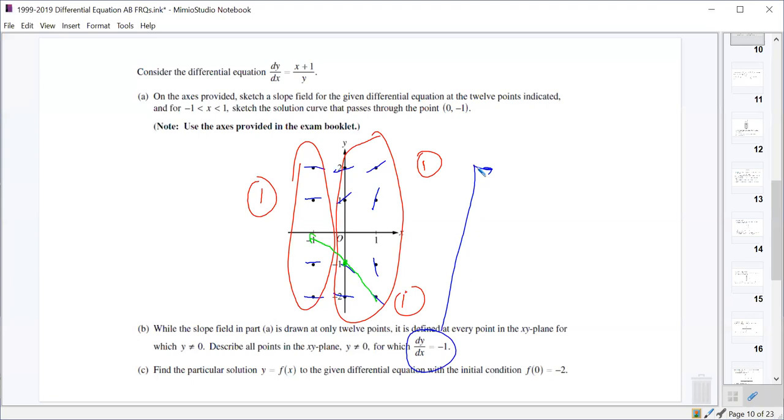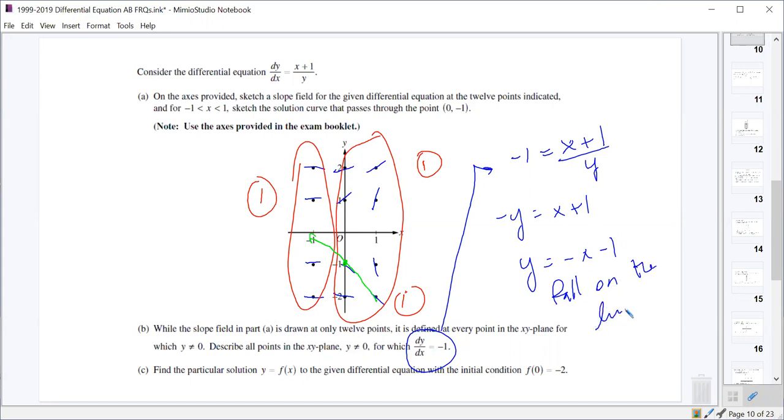All right. Part B, if dy dx equals -1, that's going to tell me that -y equals x plus 1, or y equals -x minus 1. So all of the points for which the derivative is -1, they all fall on the line y equals -x minus 1.